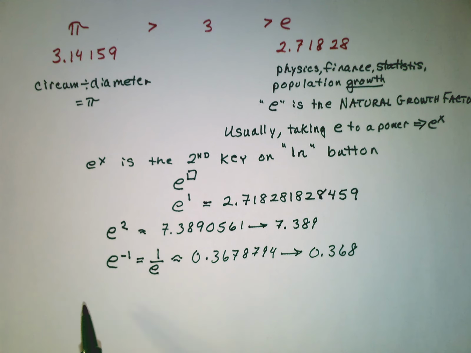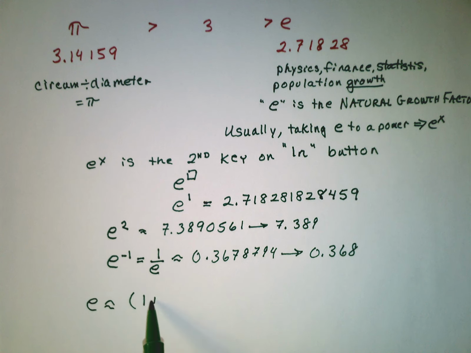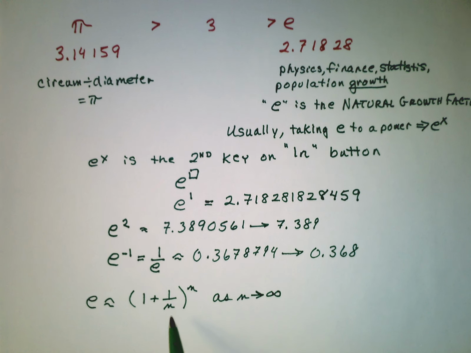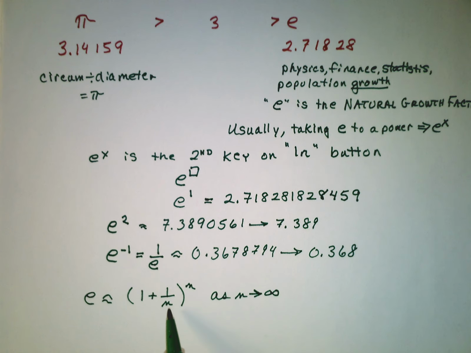The formula on the slide was used by Bernoulli, and he was trying to find compound interest. So his formula that e is approximately (1 + 1/n)^n as n approaches infinity, was he was trying to find what would be the value the more and more and more times we compounded this.